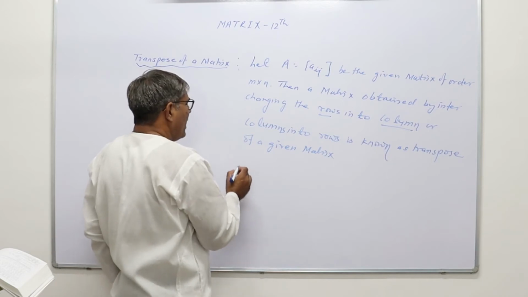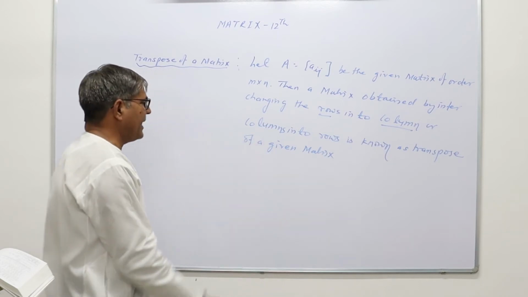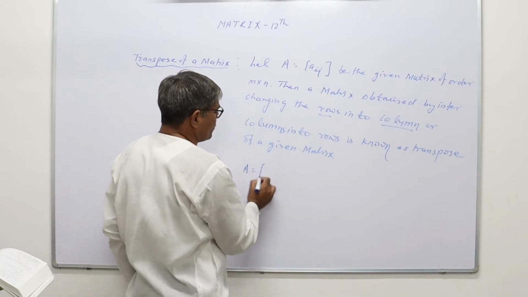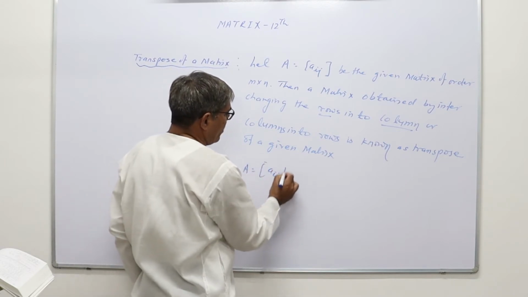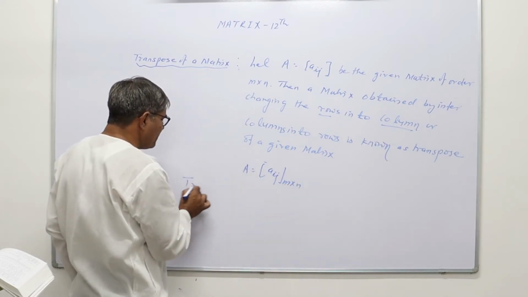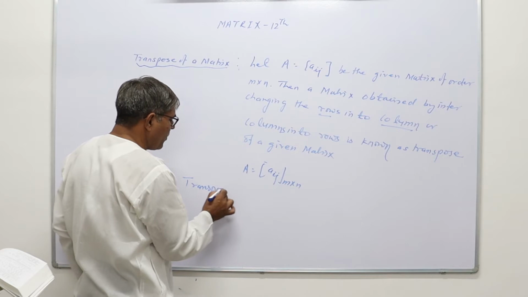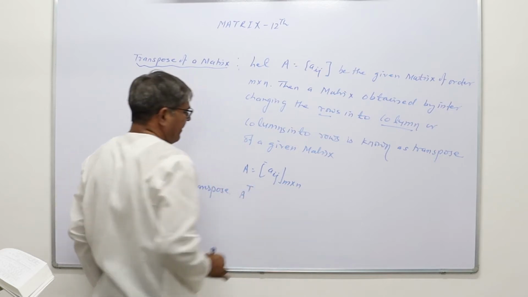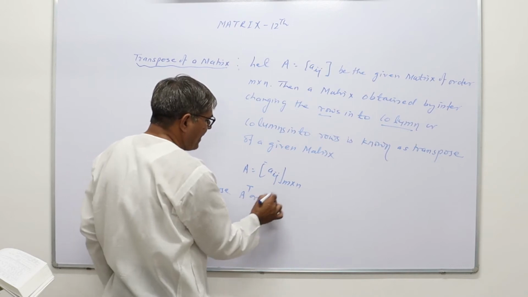So how will we represent the transpose of a given matrix? If the given matrix A = [Aij] is of order m cross n, then its transpose is represented by A^T or A prime.